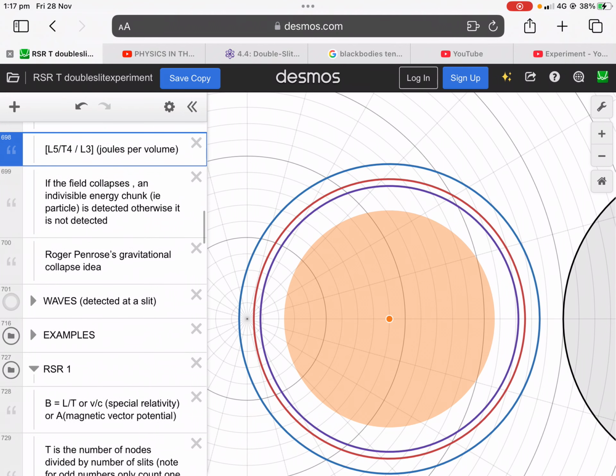So this is sort of based on Roger Penrose's gravitational collapse idea.